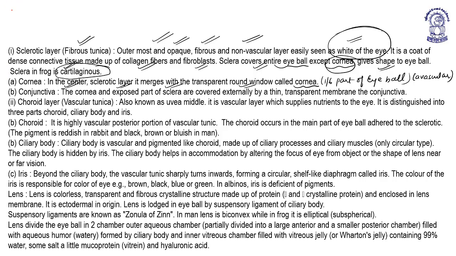At the junction of sclera and cornea, there is a structure called the canal of Schlemm.